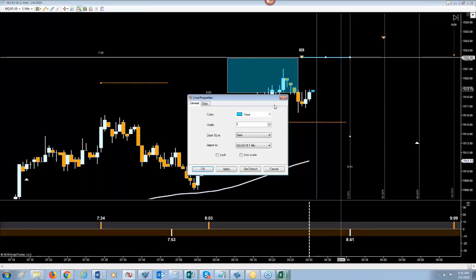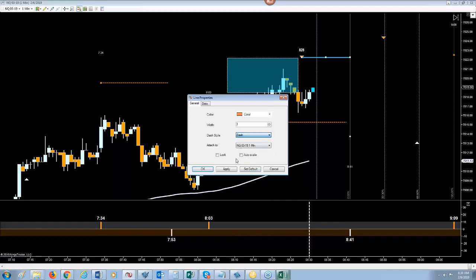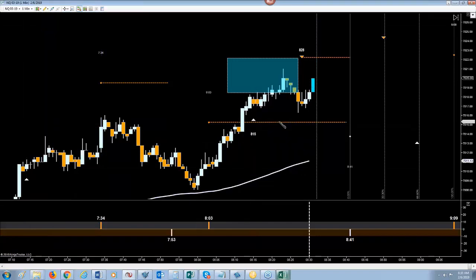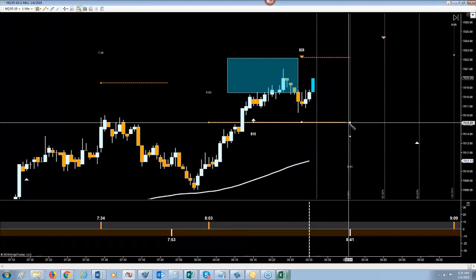NQ move today. We'll go ahead and make it orange, make it dash, and I'll pull it down here. What I like to do also is black out the other lines, because from that point forward we're observing the splits really.